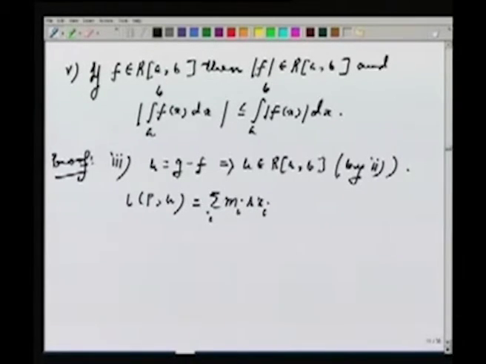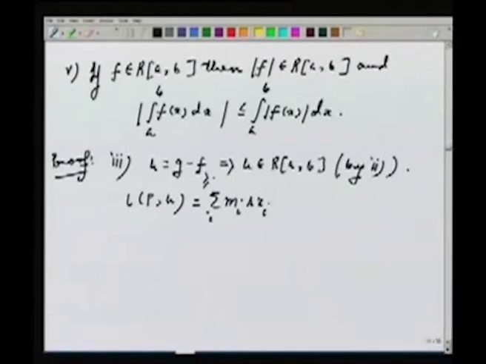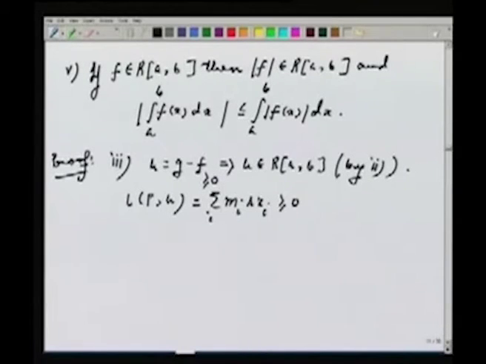Here little mi is the infimum of the function h over all the subintervals. Now since h is always a non-negative function, because f is less than or equal to g implies g minus f is bigger than or equal to 0, so h is always bigger than or equal to 0. That means this mi is also bigger than or equal to 0. That means this is bigger than or equal to 0. This is true for all P.